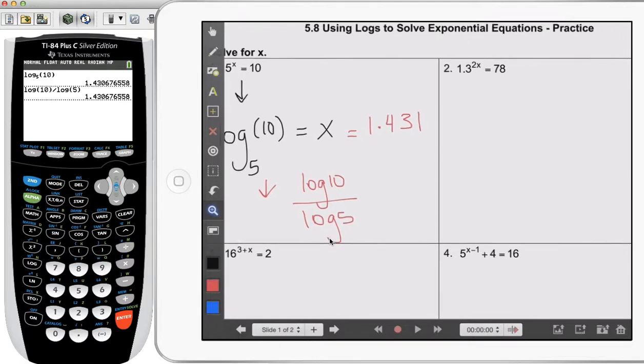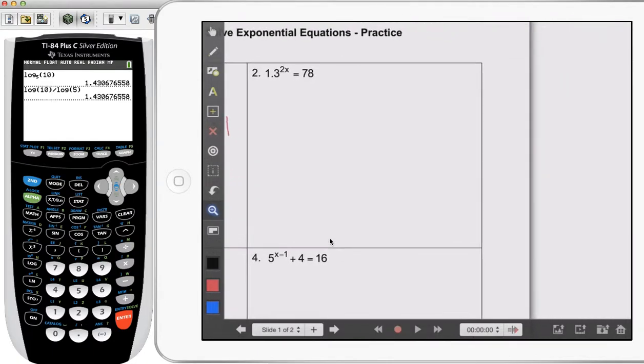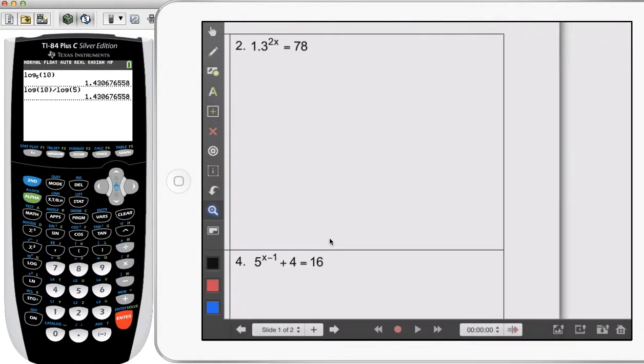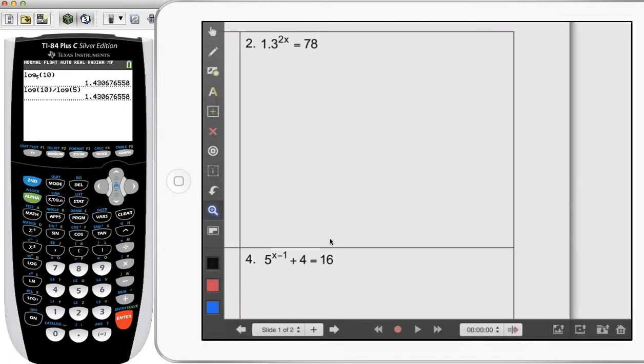Now let's move on to number 2. And again, as you can see, the variable is in my exponent. The best way to solve this is to change it to log form. So again, the base 1.3 becomes a subscript. The argument 78 is the number inside the log, and this is going to be equal to 2x.